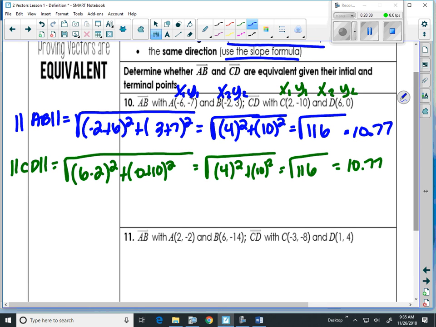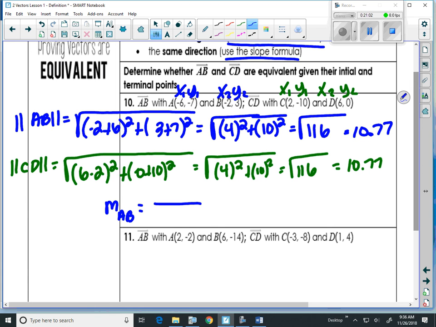Okay, that's step one. Step two is that slope formula. So we're going to find the slope, which we note as m. We're going to find the slope of AB. Now you're going to use your x1, y1, all of that. Here's our slope formula: y2 minus y1.